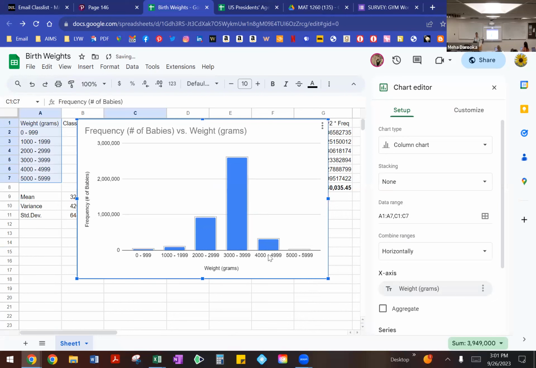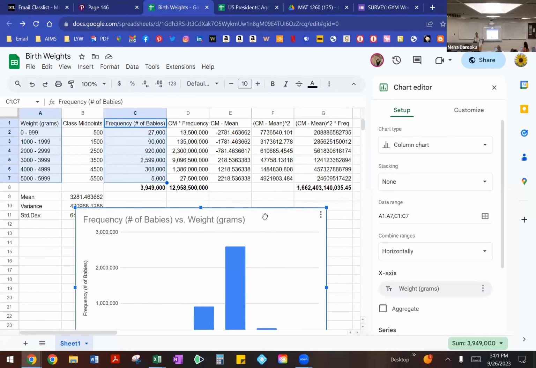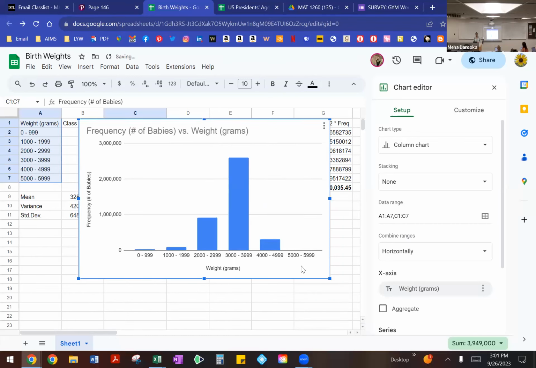See, this may be again one of those things where we need to modify. And again, you went from 5,000 to basically 2.5 million. So that 5,000 looks non-existent because of the scale.